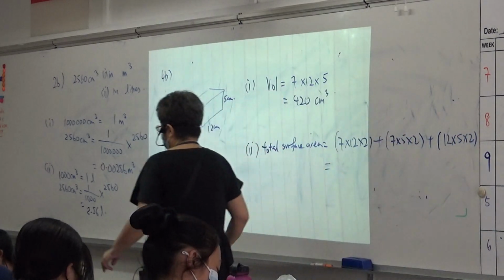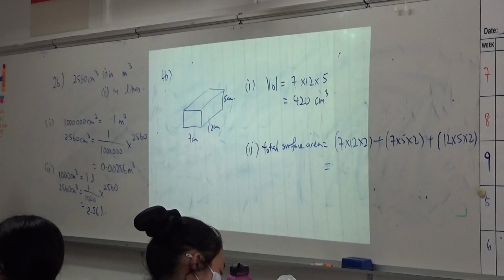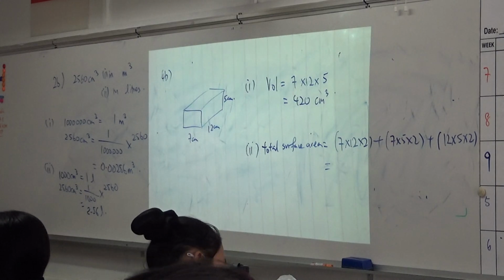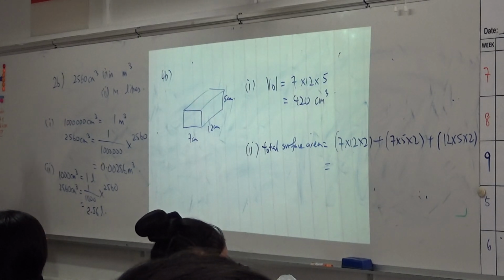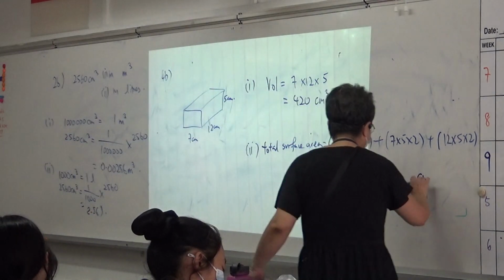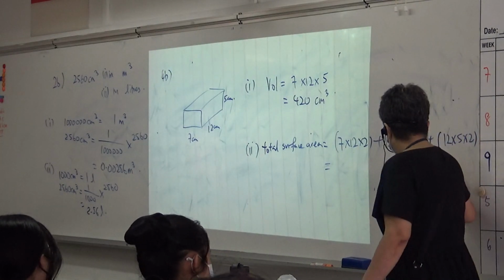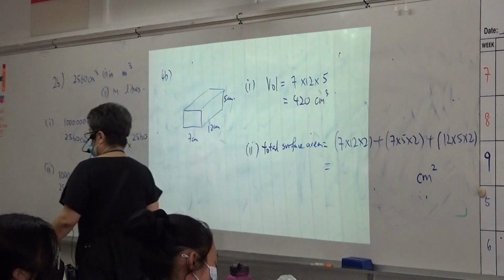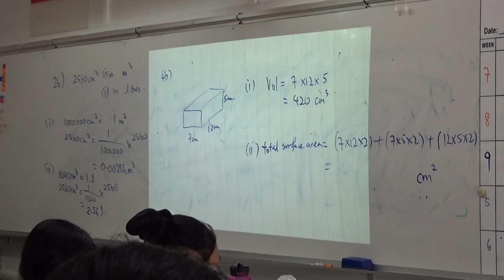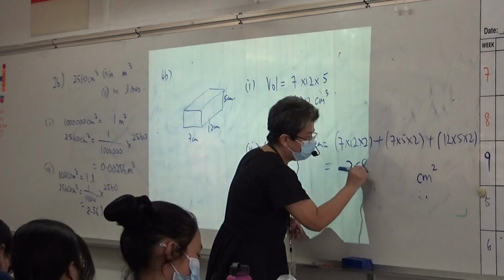Now, straight away you can get the answer. You just press the calculator. I want to know the units. Cm what? Square. So what's the answer? 3 what? Do you get the 358? Yes or no? 3, 5, 8.